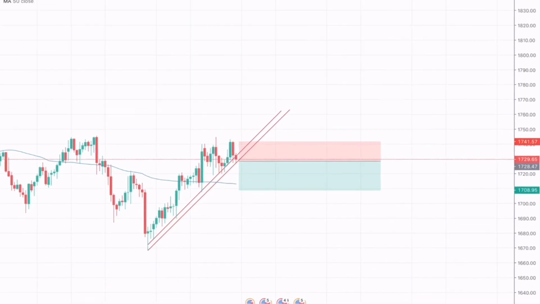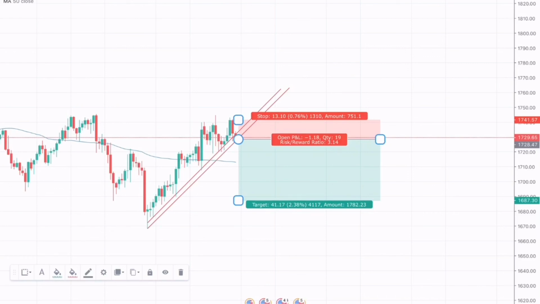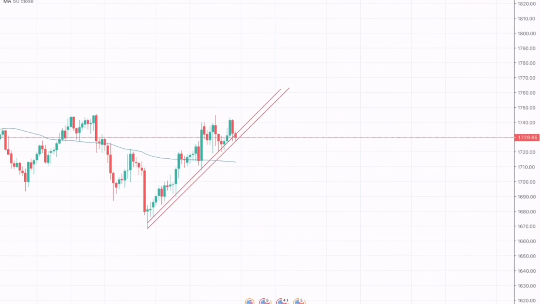Then our second take profit would be somewhere around 1687. That trade will give a reward of 1:3, and our third take profit would be placed somewhere around 1767. That will give a reward of 1:4.6, approximately 5. However, that is what I am likely to see for the week ahead from 15 till 19.